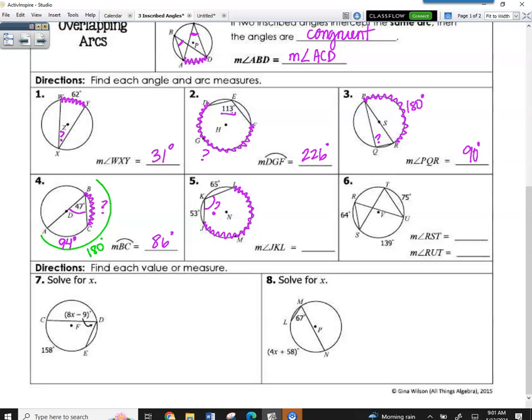So I have enough info to find the measure of that arc. So 360 minus 53 minus 65 is what? 242? So if the arc is 242 and I'm coming inside from playing in the snow, what would the angle be? 121?